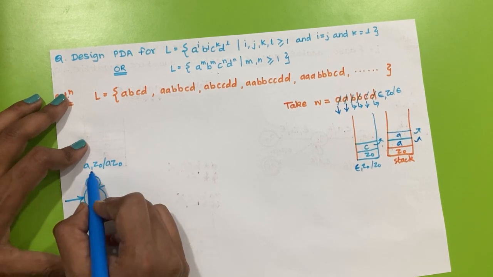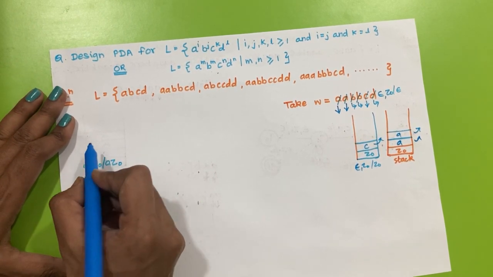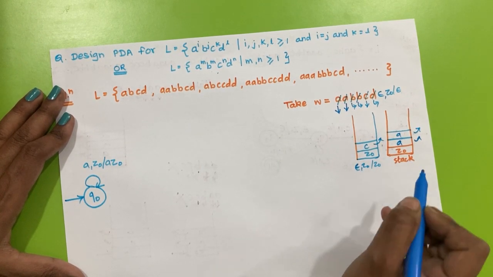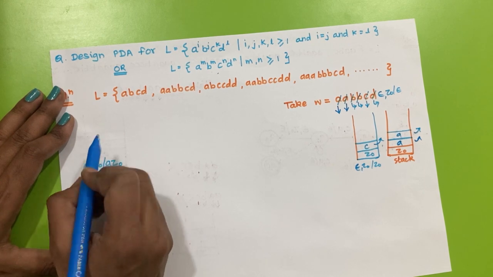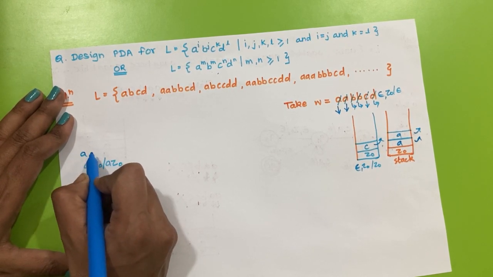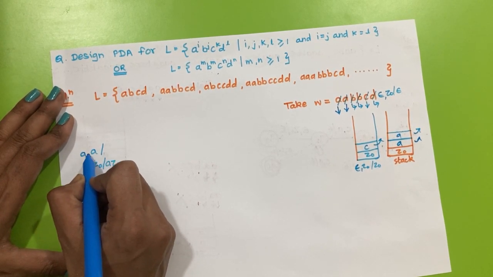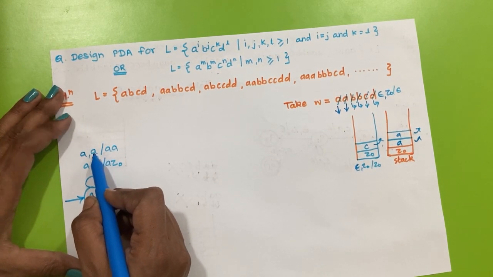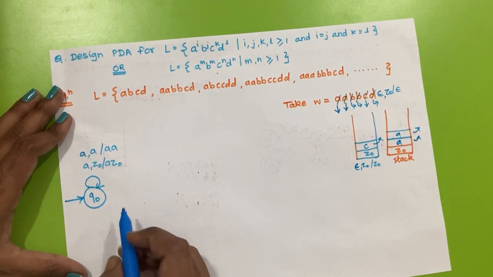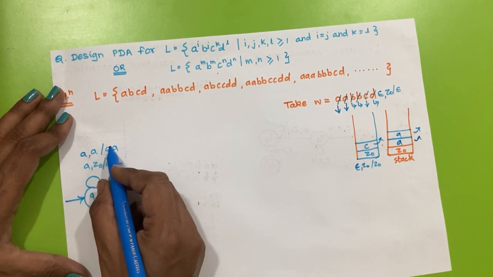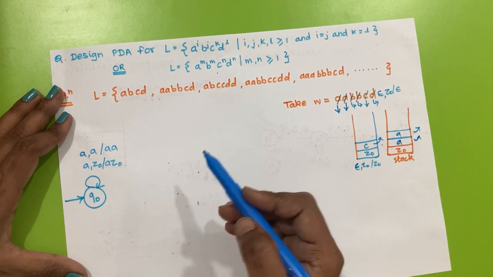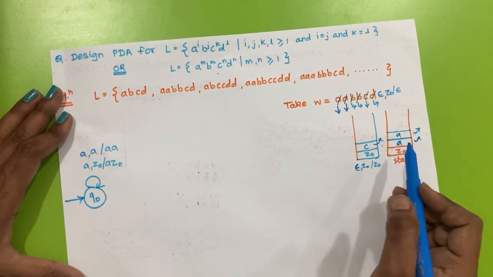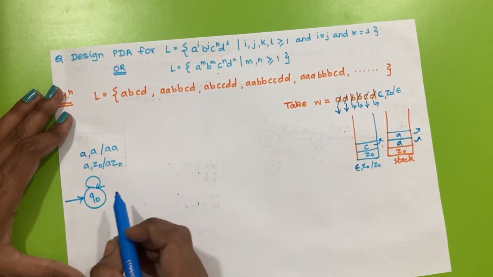This will be executed a single time for first A, because at that time top of stack will be Z0 only. For the remaining A's we have the transition A A A A, because for the second time top of stack will be A only, not Z0. This transition will get repeated for the remaining A's. So these two transitions will perform push operation onto stack for input symbol A.